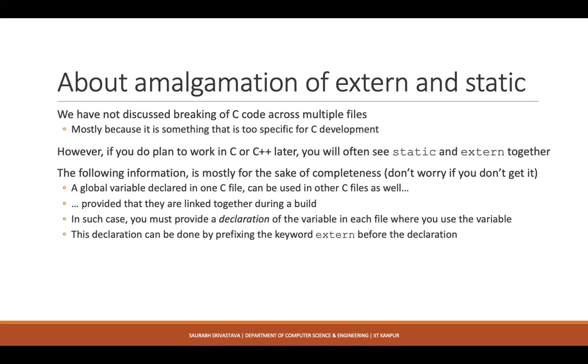You can do that by putting the extern keyword before the declaration. This is not required for functions because by default all the functions are essentially global. So the extern thing is implicitly applied to all the functions.